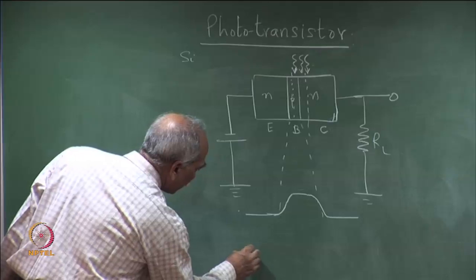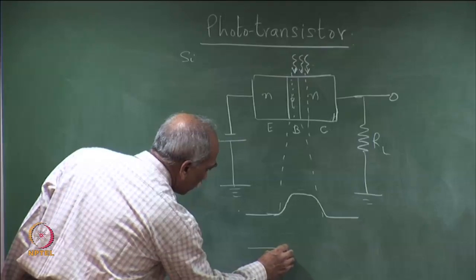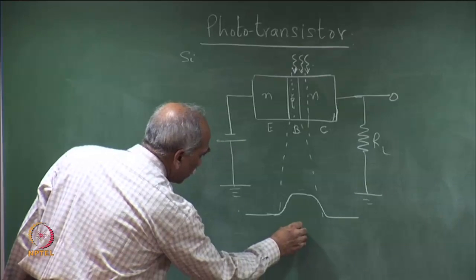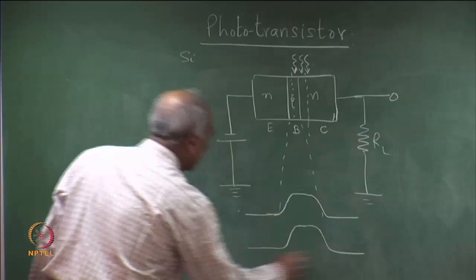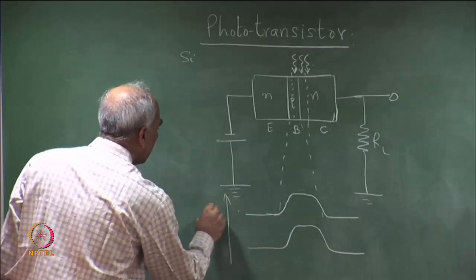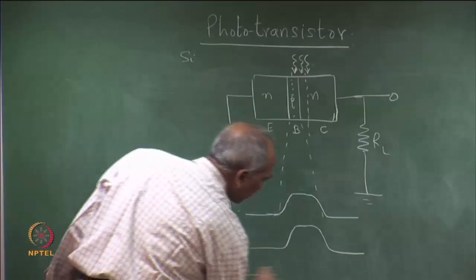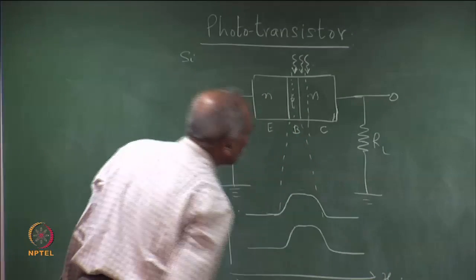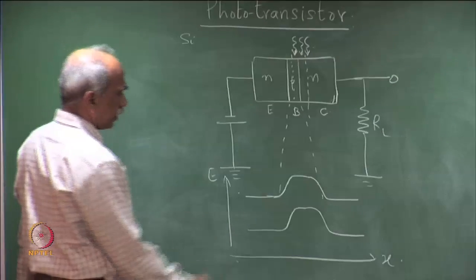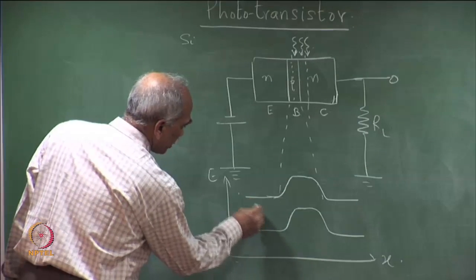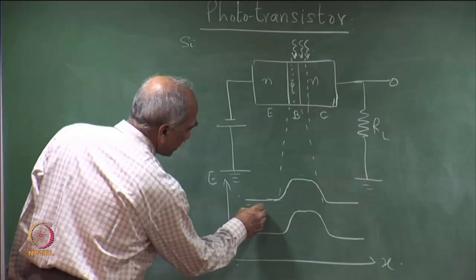This is the energy band diagram, E versus X, where X is this dimension here. This is the N side, so the Fermi level is here.